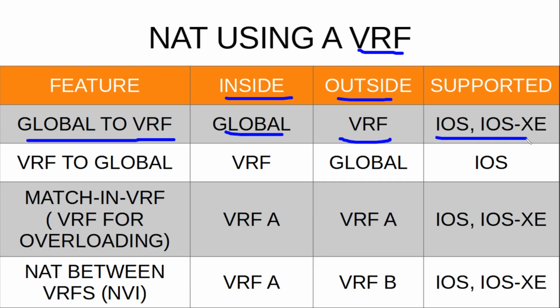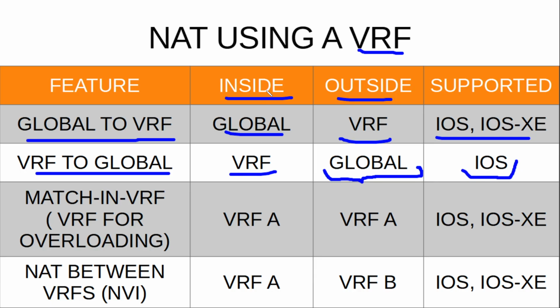It is supported. What happens if your inside interface belongs to a VRF and your outside interface belongs to the global routing table? This is known as VRF to global. This is not really supported, only on old IOSs.